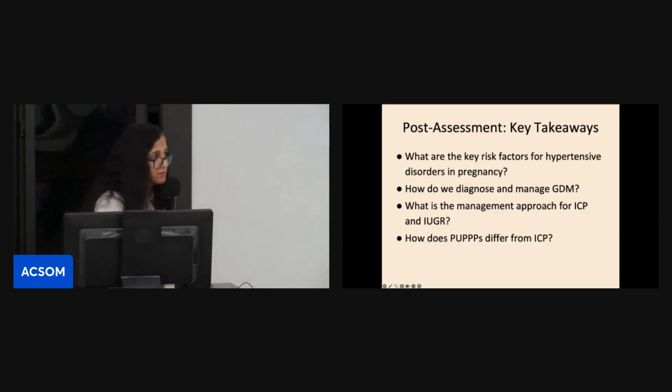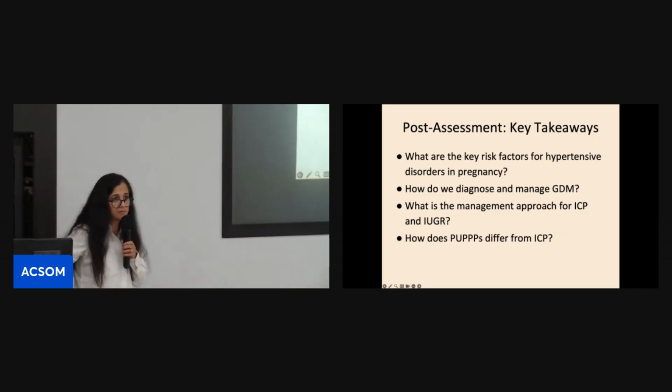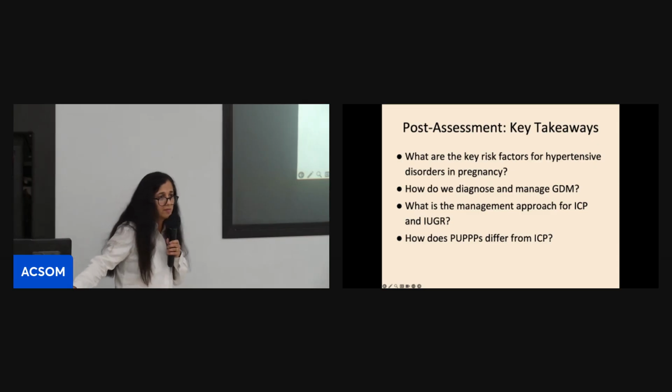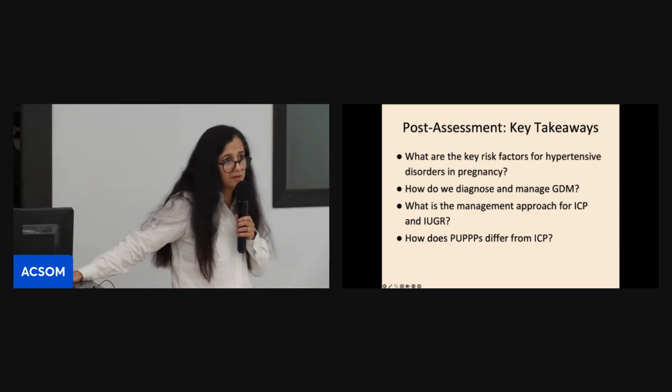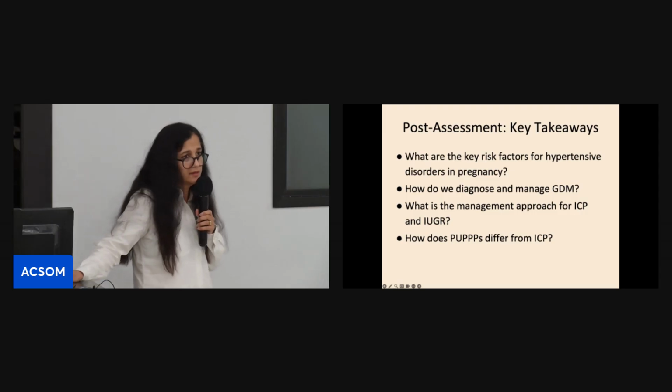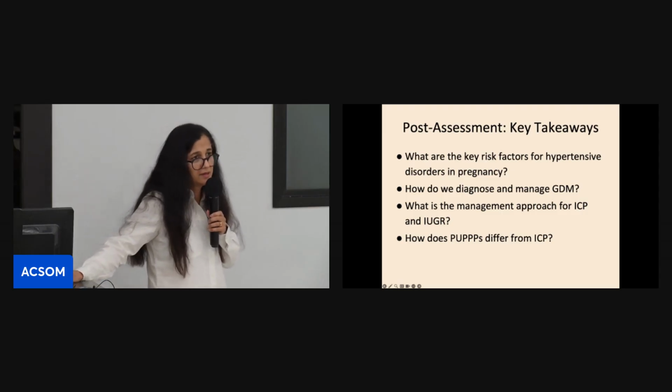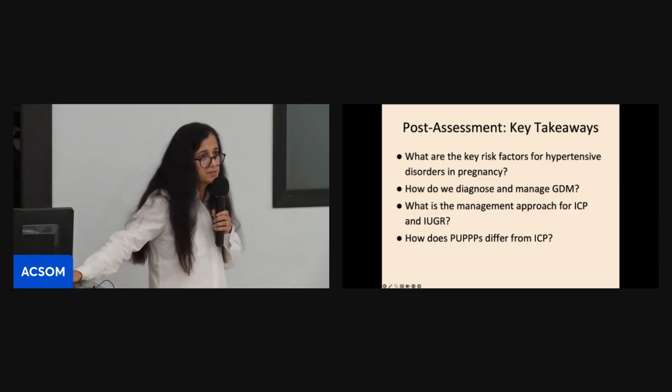Okay, how does PUPPP differ from ICP? That's right. So PUPPP typically has no consequence for the fetus, but the mom is itchy. They're both itchy, but the other difference is that PUPPP has a rash associated with the itchiness, whereas with ICP you don't typically see that.